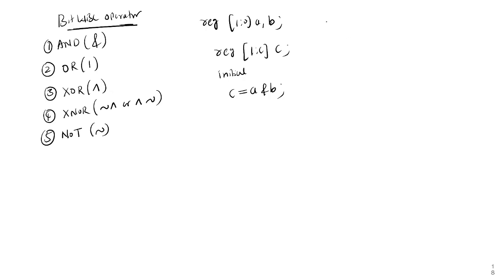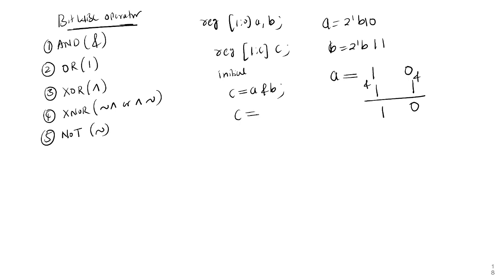So let us take A equal to 2'b10, B equal to 2'b11. Okay, so what it will do? Bitwise operation it will do. So that is 1 0, 1 1. So bitwise AND operation it will do. So that means this is 0 you will get, here you will get 1. So that means C equal to what you will get? 10 you will get.